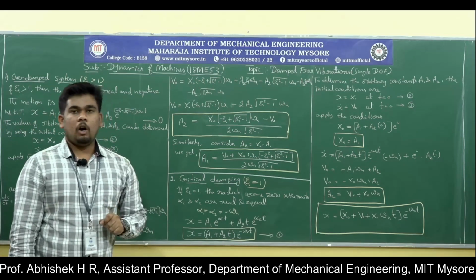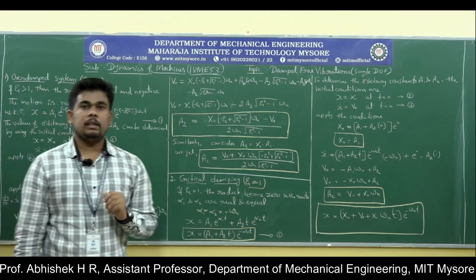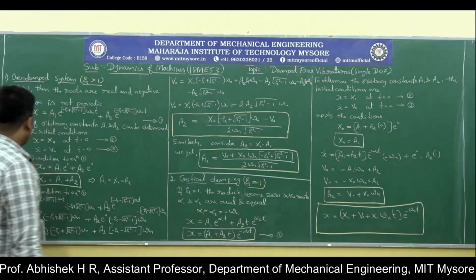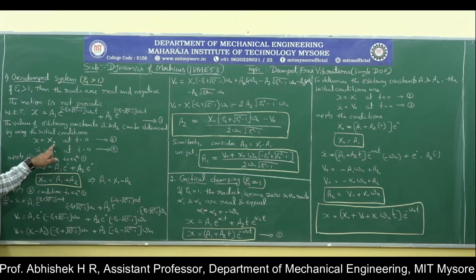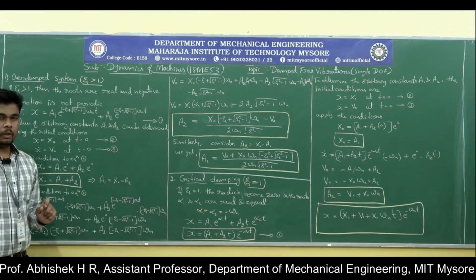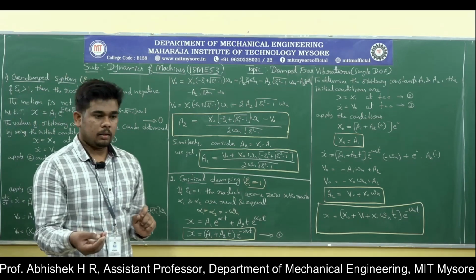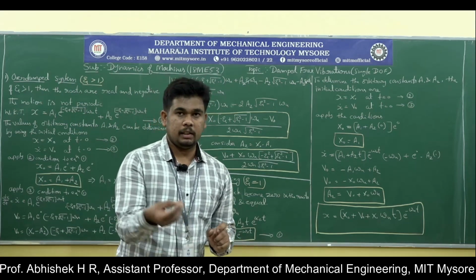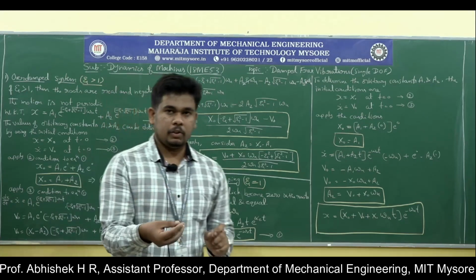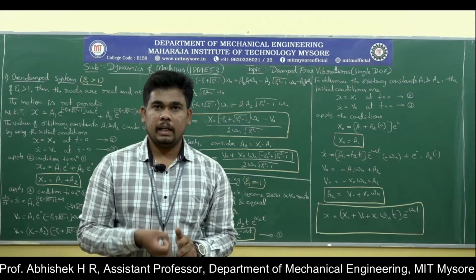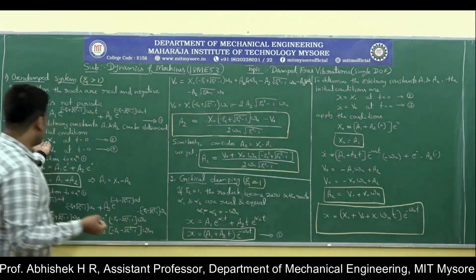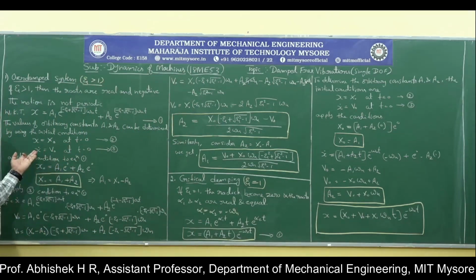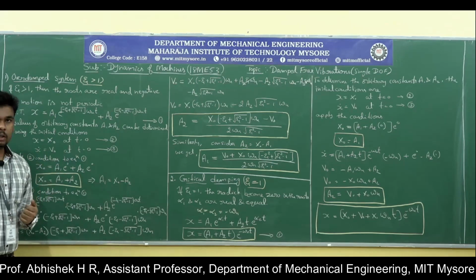To determine the arbitrary constants, I am going to consider some initial conditions. Those initial conditions are x is equal to x naught at t is equal to 0, and x dot is equal to v naught at t is equal to 0.